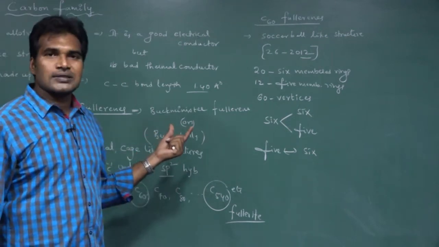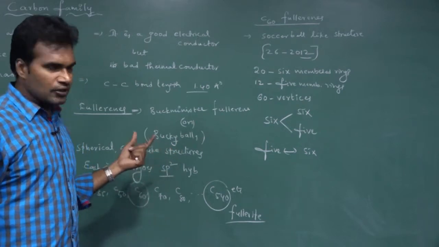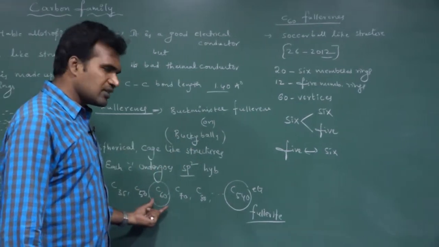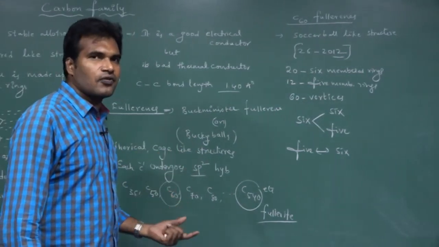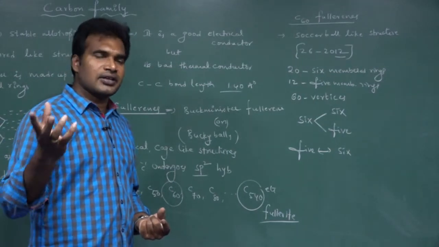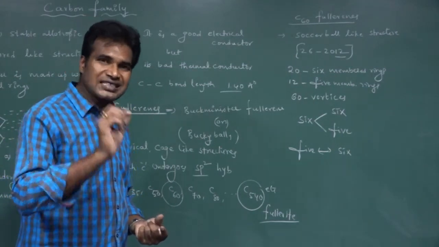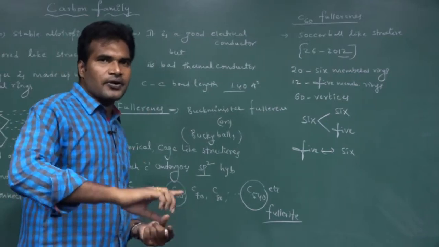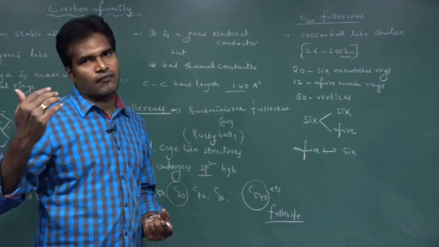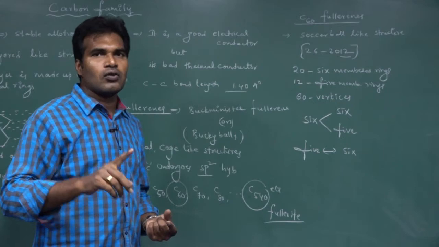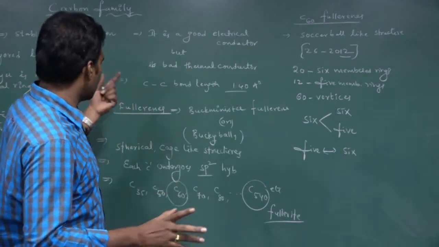Each carbon undergoes sp2 hybridization. The most commonly occurring fullerene is C60, with 20 six membered rings and 12 five membered rings with 60 vertices. A 6 membered ring can combine with a 6 or 5 membered ring, but a 5 membered ring can only combine with a 6 membered ring.